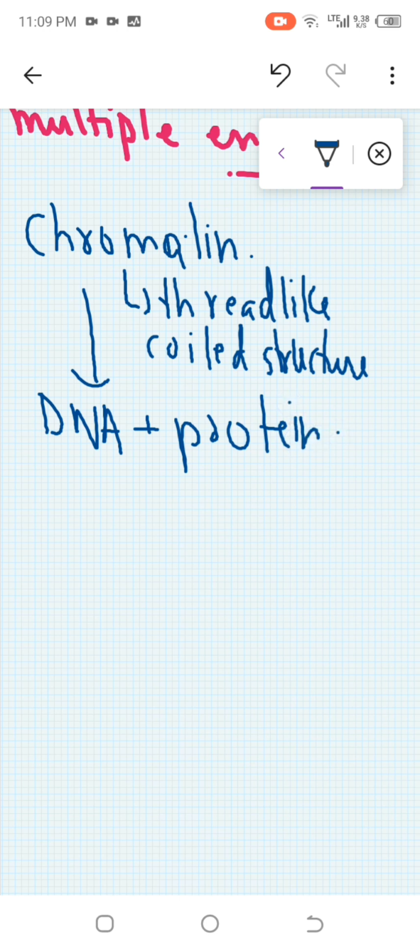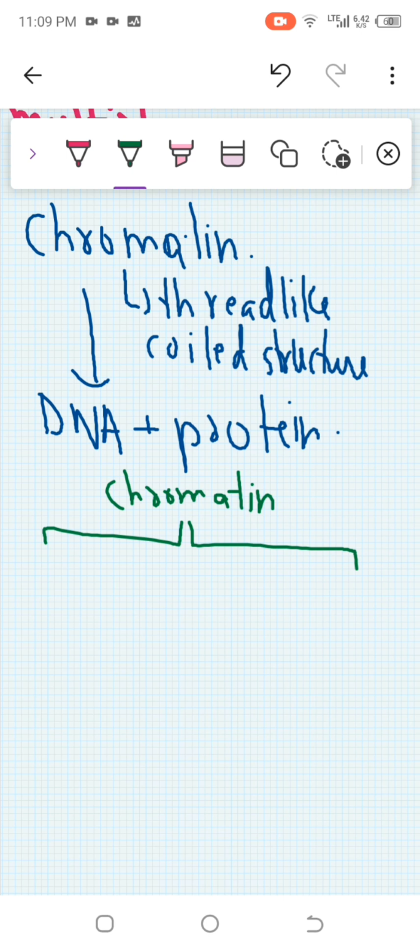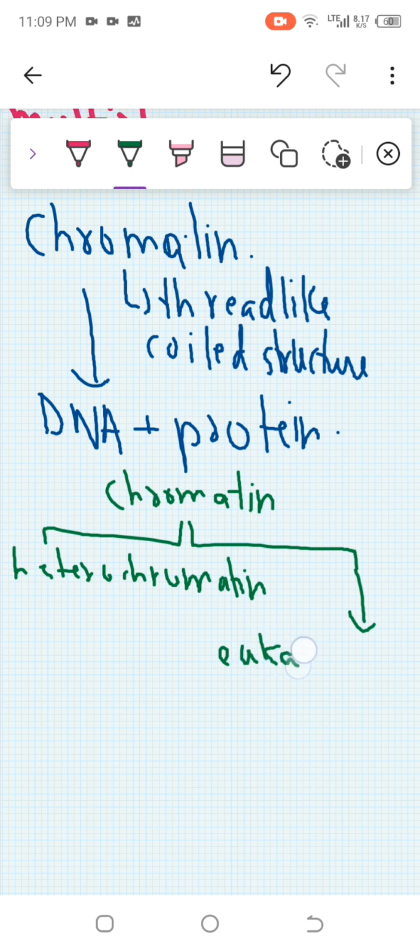Now this chromatin is divided into two types. Number one is heterochromatin, and another is euchromatin. What is heterochromatin?